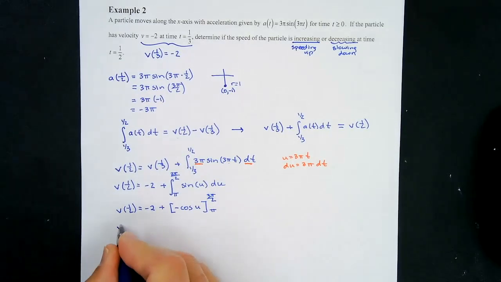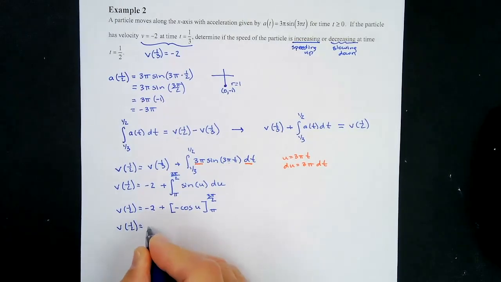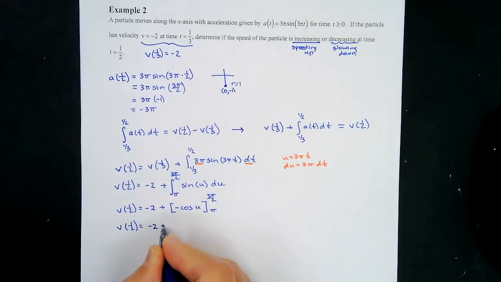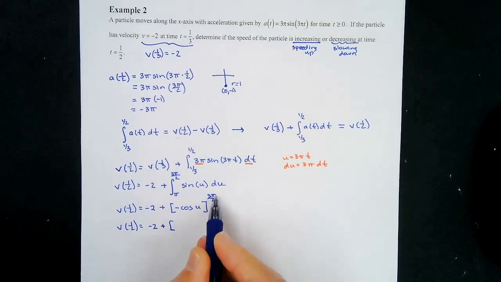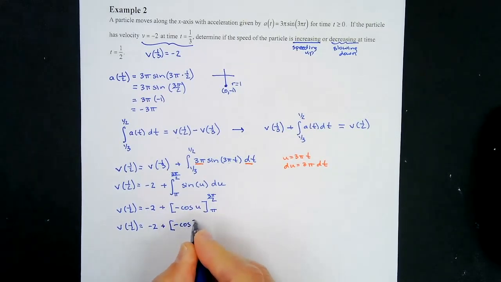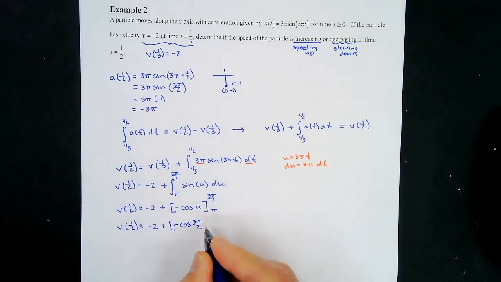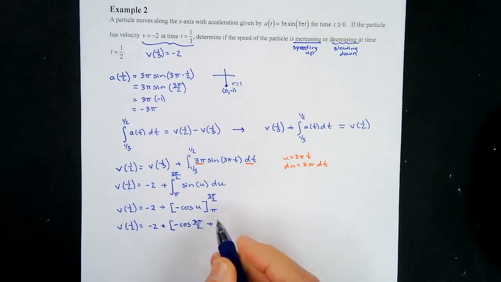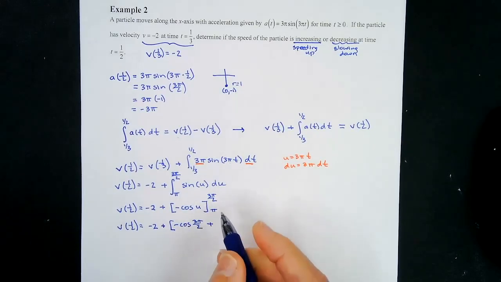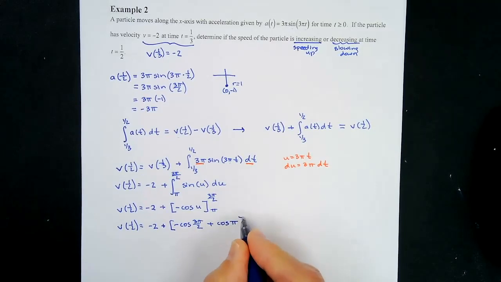Okay, so that means v of 1/2 is equal to -2 plus negative cosine of 3 pi over 2 minus this, right? So that's actually going to make it plus. So it's going to minus a negative cosine, right? So that's going to make it plus cosine of pi.